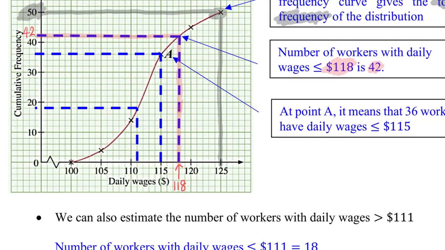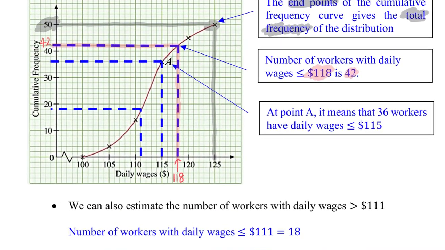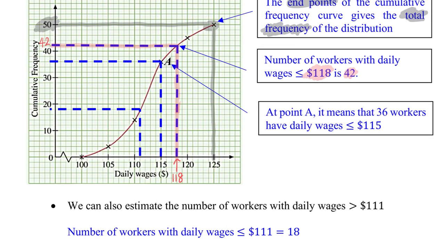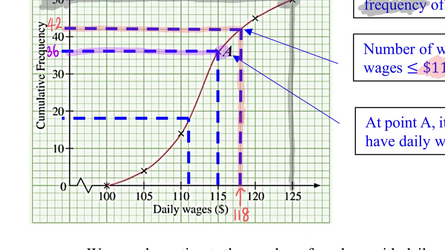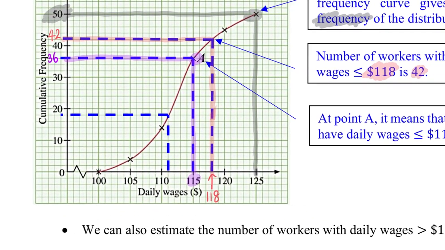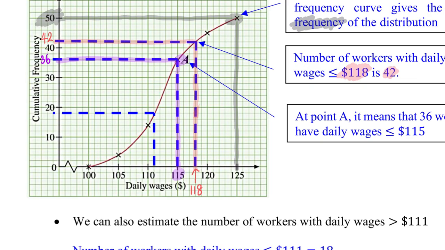Okay, let me give you another example. At point A, this point A here, this simply means that there are 36 workers with wages that are less than or equal to $115.